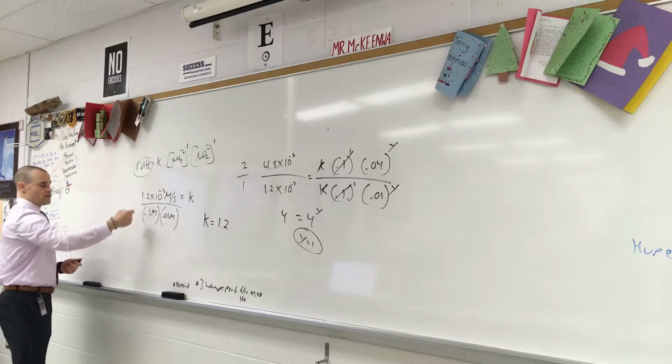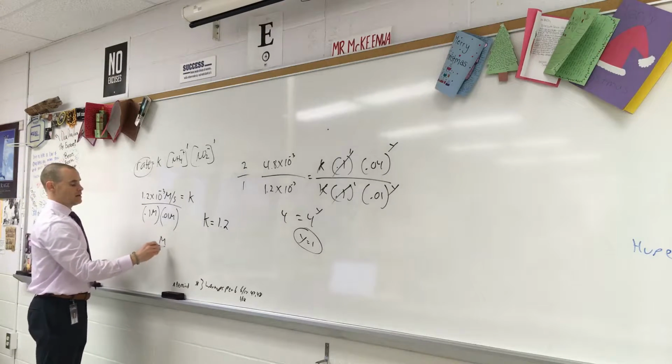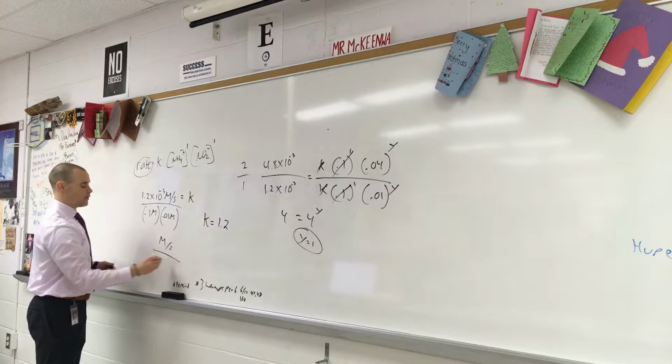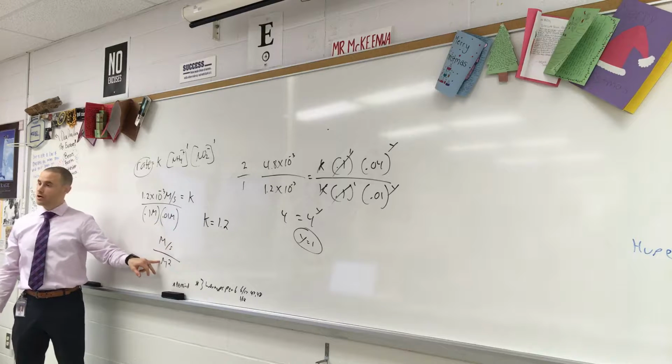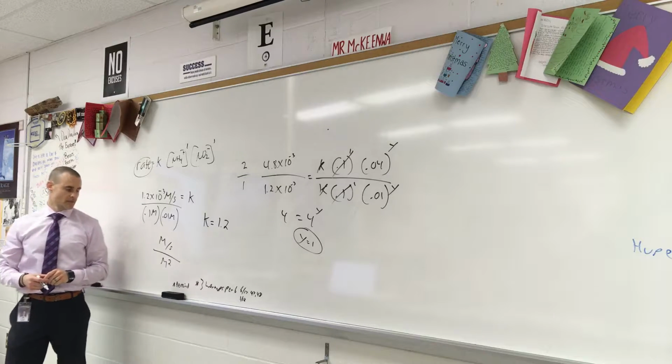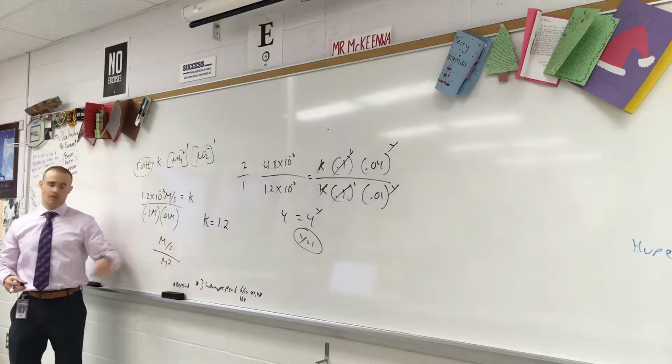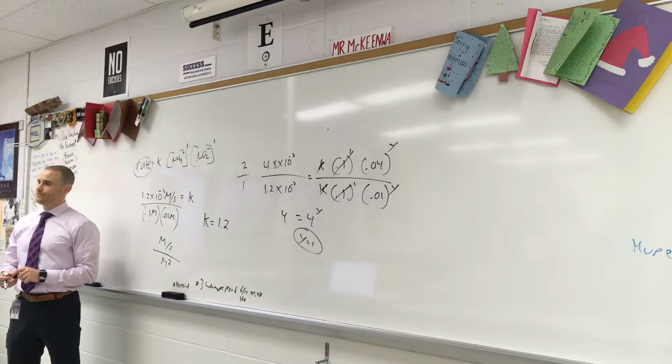So I'm going to get rid of the numbers. So we have molarity per seconds over molarity squared. Molarity times molarity is molarity squared. So what cancels out? Can we write this a better way so we can see what cancels?